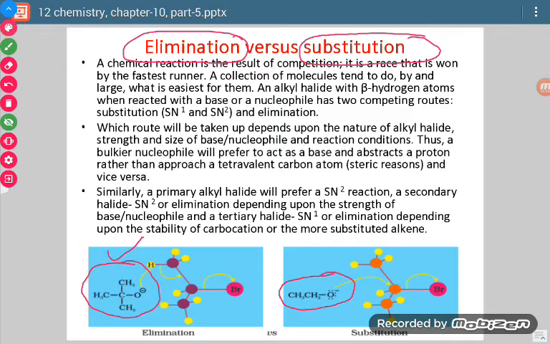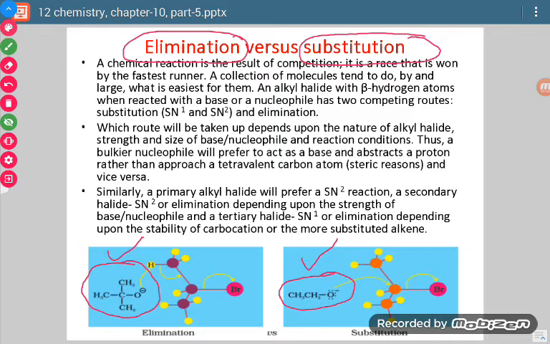As we discussed earlier that there are SN1 and SN2 mechanisms, so if there is a smaller group which is going to attack the alkyl halide, then it will follow the SN2 mechanism. It will get attached with the alkyl halide and a halo group will get liberated, and so we will say there is substitution reaction occurring.